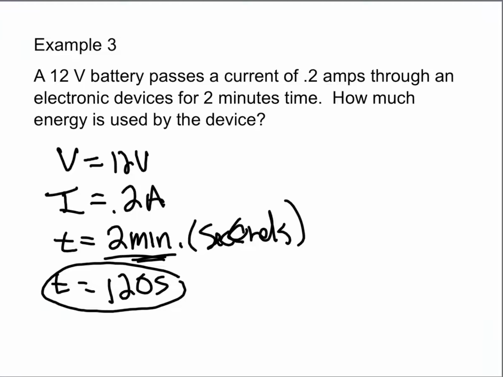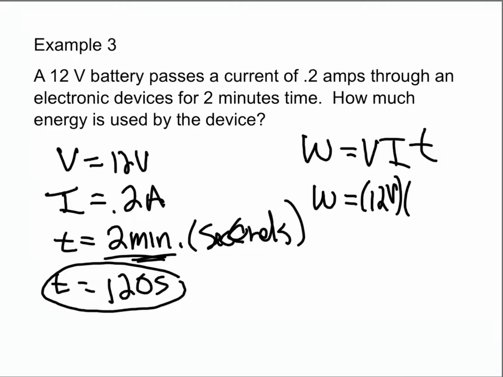Okay, so now we have that, and it says how much energy is used. So energy and work, again, synonymous with each other. So we got V times I times T. So we got energy is equal to 12 volts times 0.2 amps times 120 seconds.